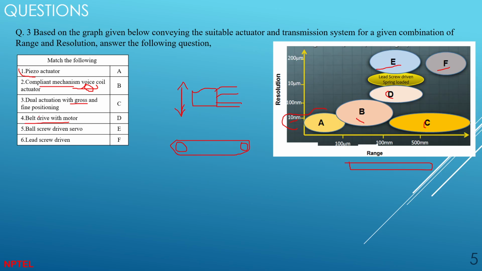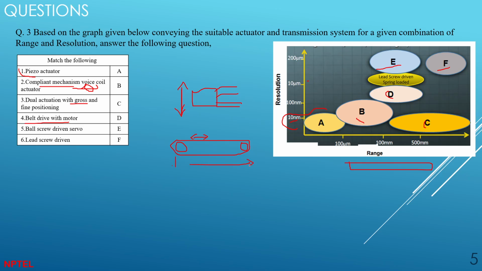But the problem with belt is that it suffers from slippage, so you don't get that much resolution. But the good thing about belt drive is that you can transmit motion from one point to any other point.